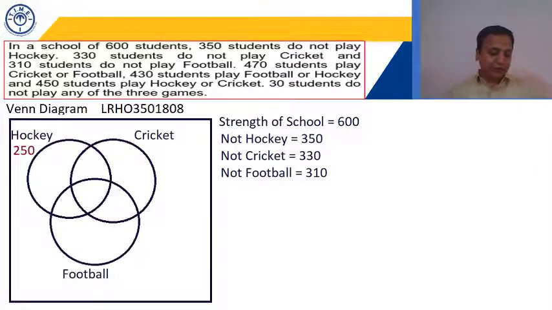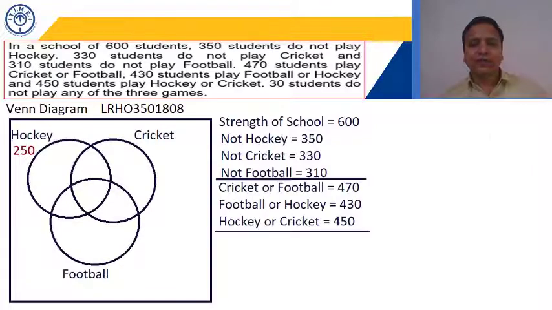Then he said 470 students play cricket or football, where or means union. 430 students play football or hockey. And 450 students play hockey or cricket.